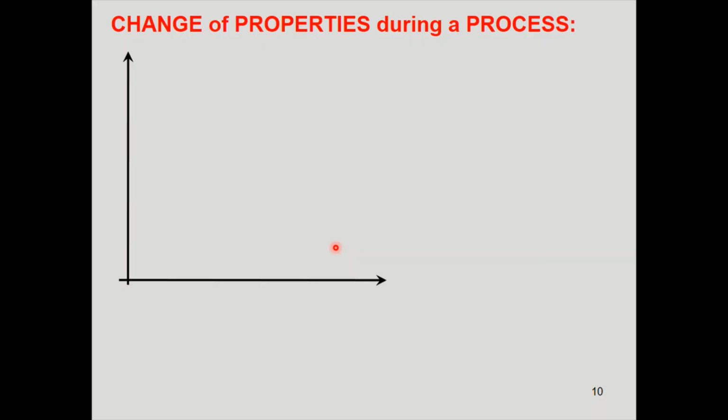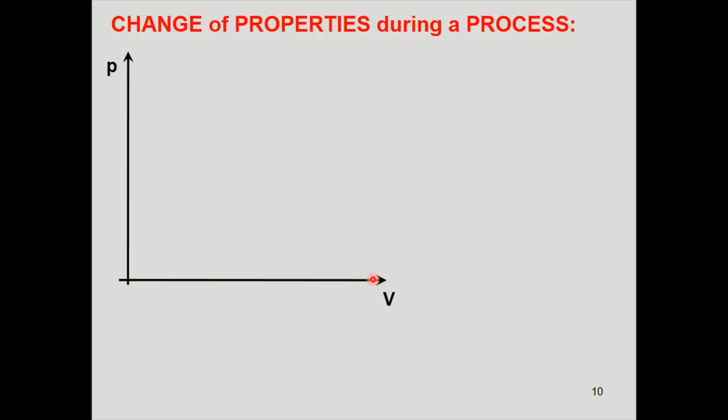Now we'll talk about the change in properties which may take place during a process. For example, in this thermodynamic state space, I consider P, pressure, along the ordinate, volume, it should be written as V, along the abscissa.